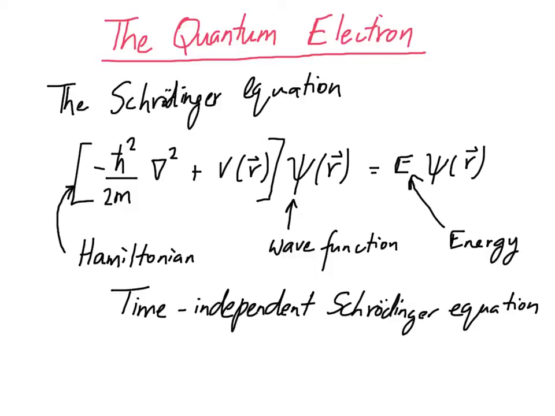So the lowest energy that the electron can take on in hydrogen was minus 13.6 eV, and then the next higher level was minus 13.6 divided by 4 eV, and so forth. So one of the first triumphs of Schrodinger's equation was to explain this rather curious behavior of the electron in hydrogen.